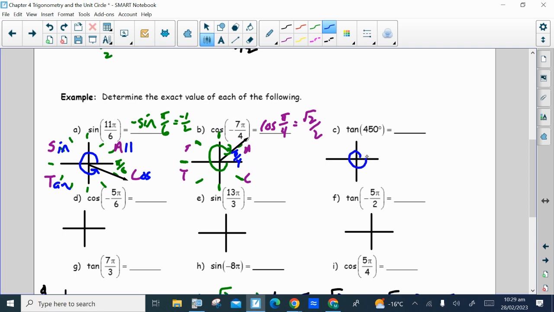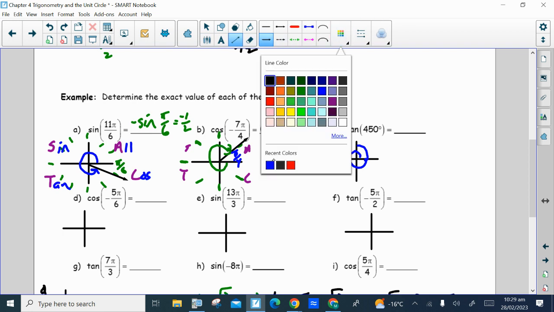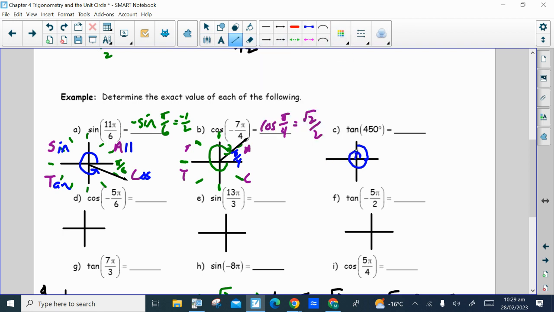To get to 450, we'd have to go another 90 degrees. In this case, this angle is coterminal with 90 degrees. So there's our terminal arm right there. And at that point, remember, our coordinates are 0, 1.